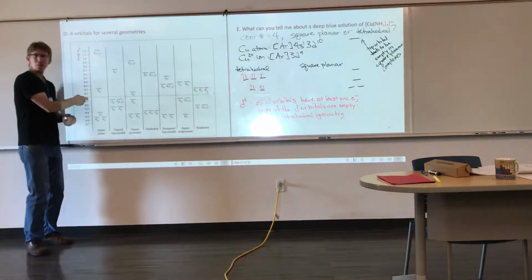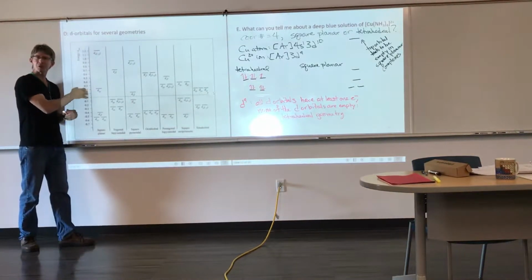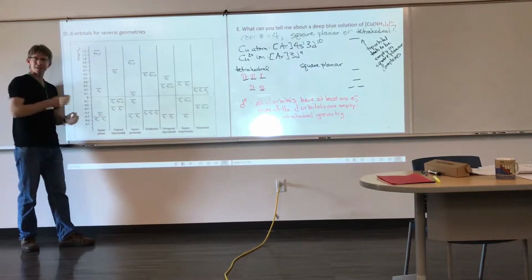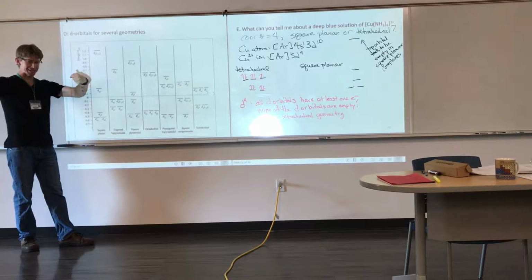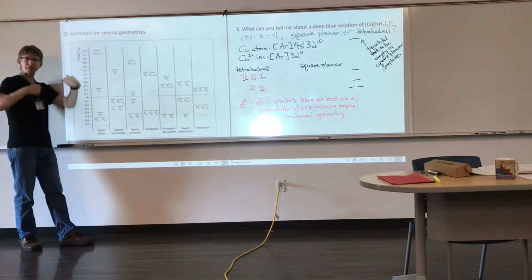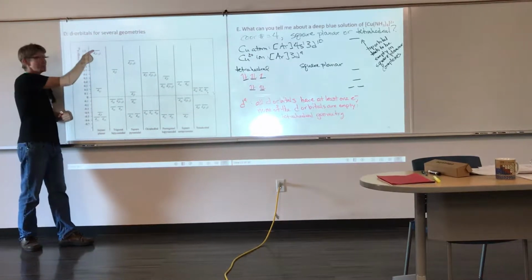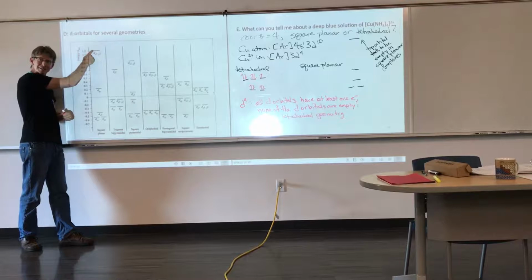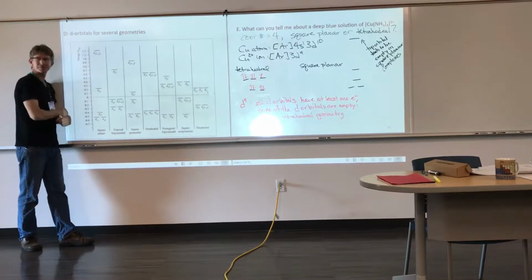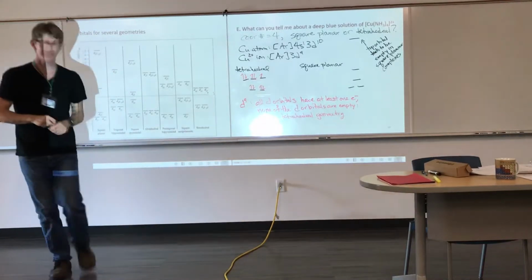And just while I'm here, let's just remember, these splittings come about because the ligands, as they come in towards the central ion, the closer the d orbital is to the ligands, the higher its energy is. So that's how these pictures come about. Okay.